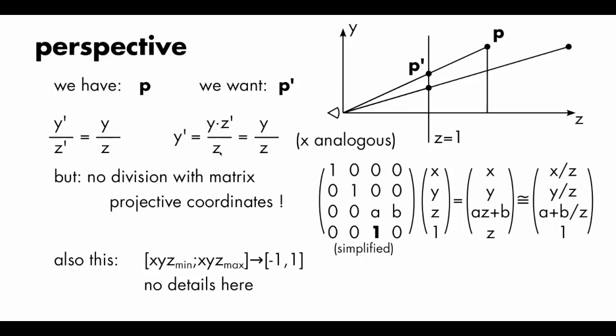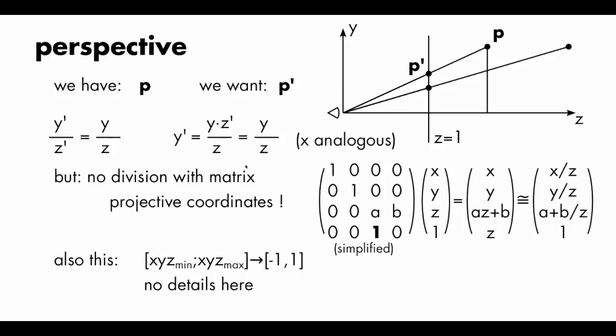It's just y times z prime over z, and for simplicity, we say z prime is 1. It could be anything, but it's some number we know, something we plug in. So for y prime, we just get y over z.